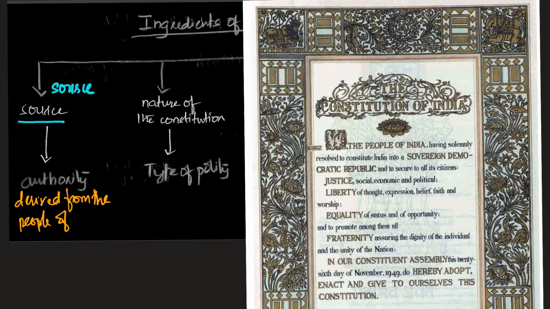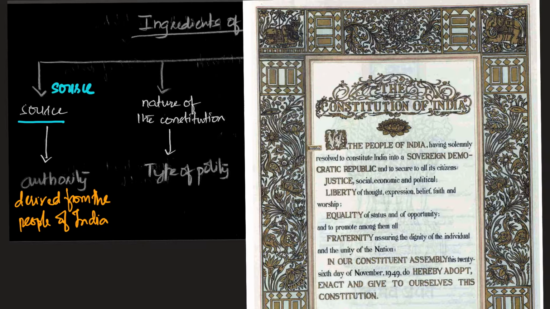Let me say that again. We're talking about the ingredients of the preamble. First, we're talking about the source of the Indian constitution. Source means from where or from whom we adopted this. We are taking this constitution not from Britain, not from the US. We are adopting this constitution from ourselves.